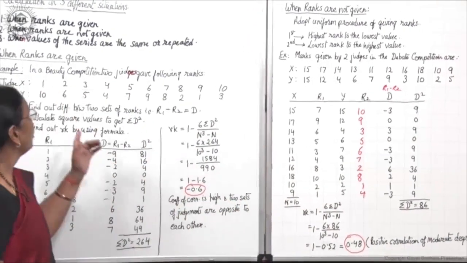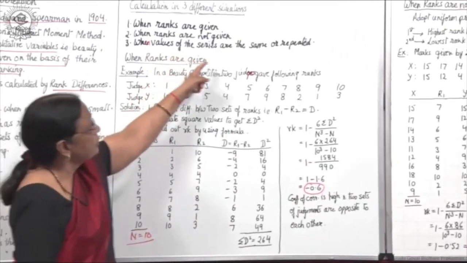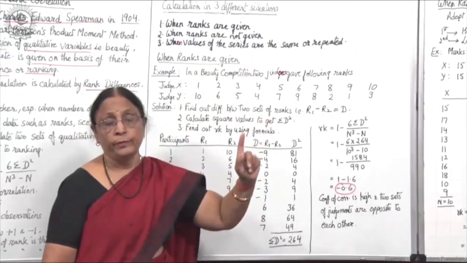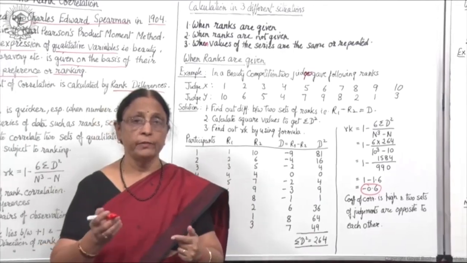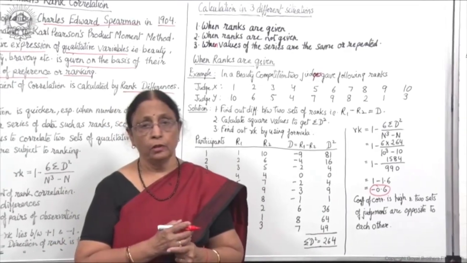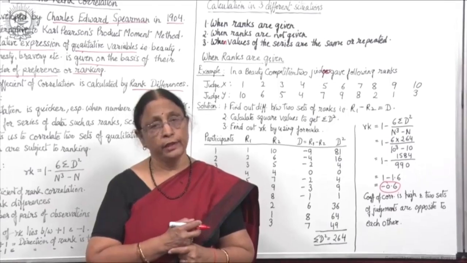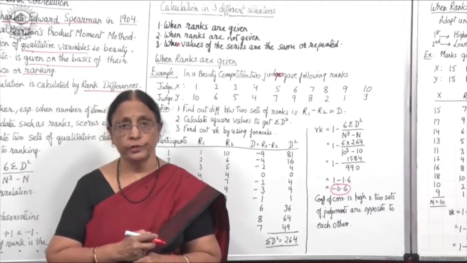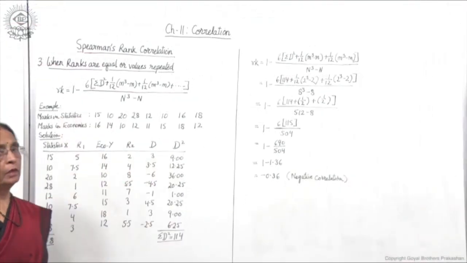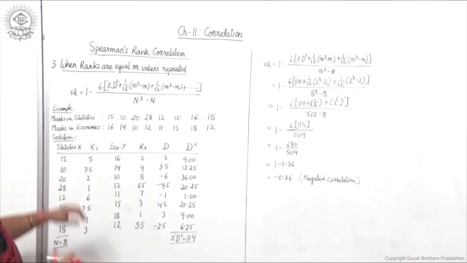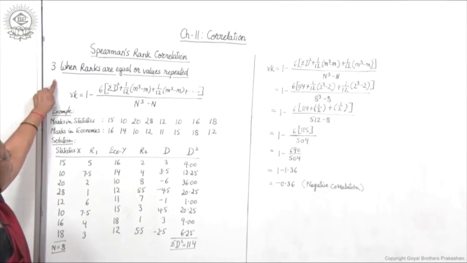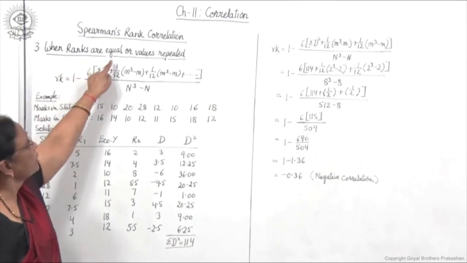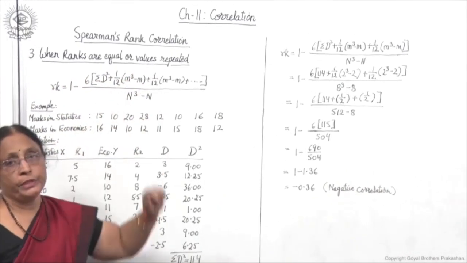And third is when values of the series are the same. That means two judges have given the same rank to two people or two participants. Then how do we calculate the coefficient of correlation? Now children, we'll see the third situation when ranks are equal or values are repeated.